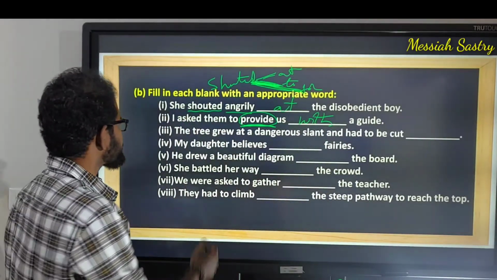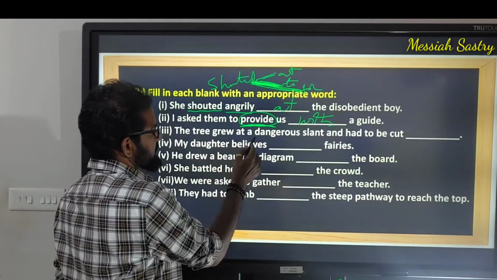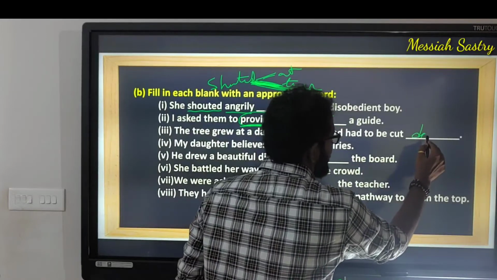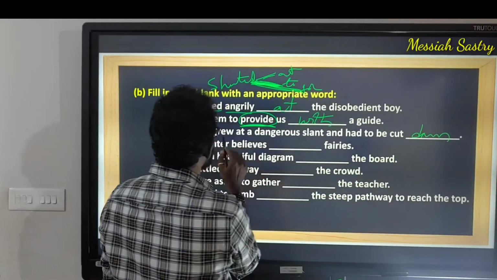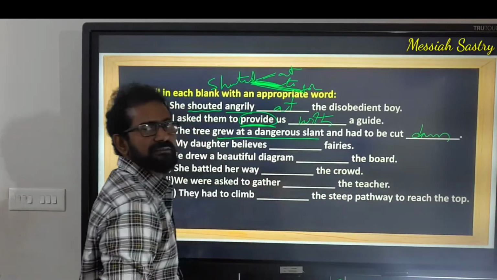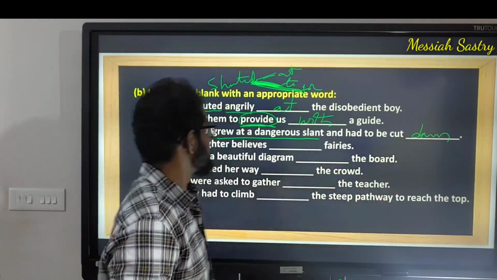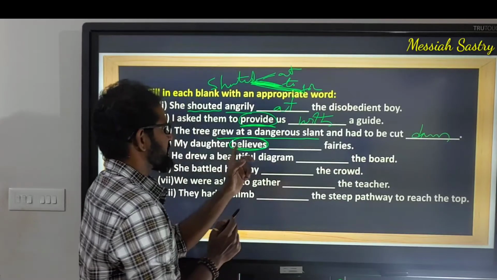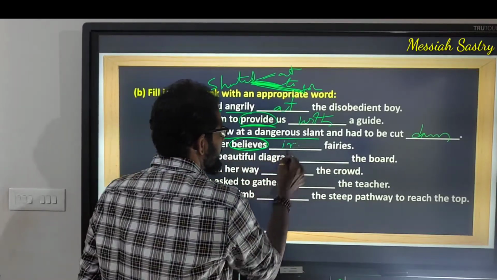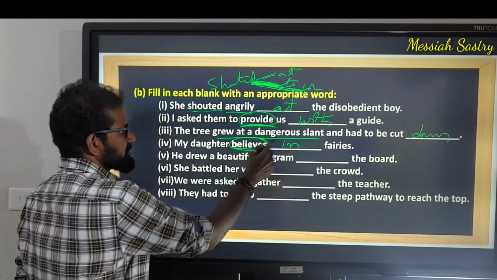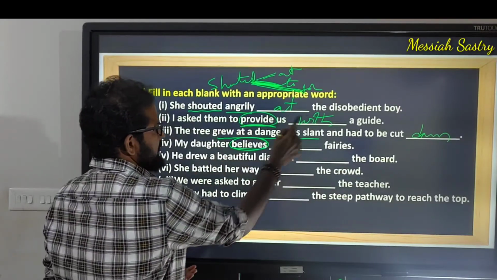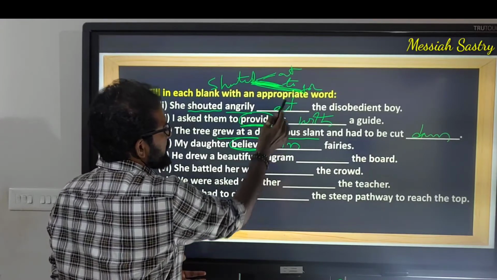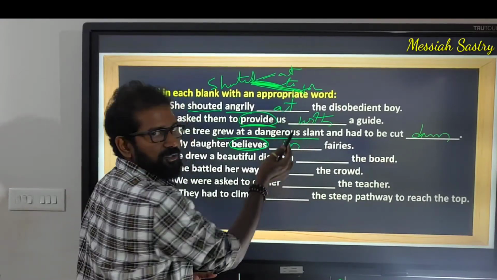The tree grew at a dangerous slant and had to be cut down. My daughter believes. The appropriate preposition for believes is in: believes in. When it comes to shouted, we have three options. We need to be very careful which option is suitable.